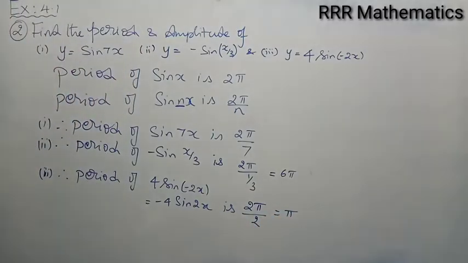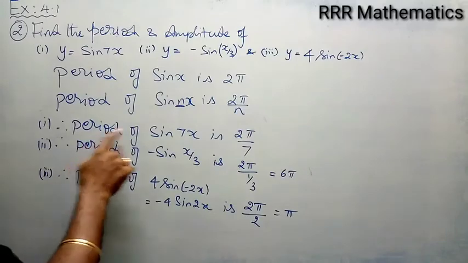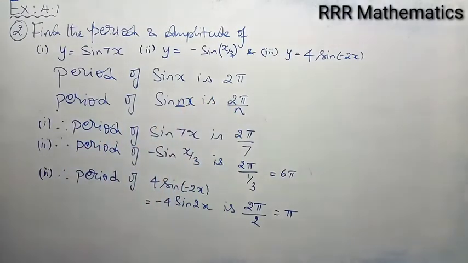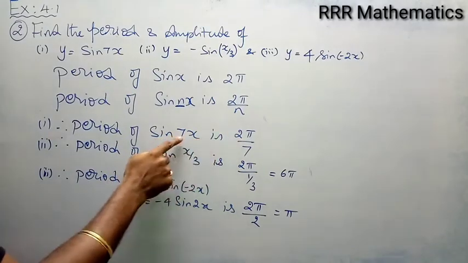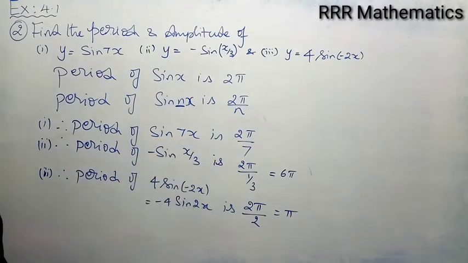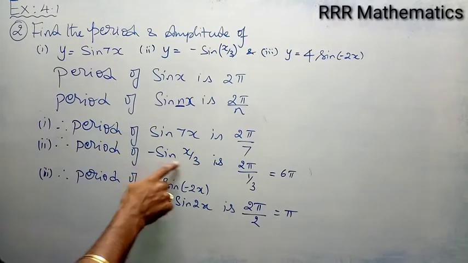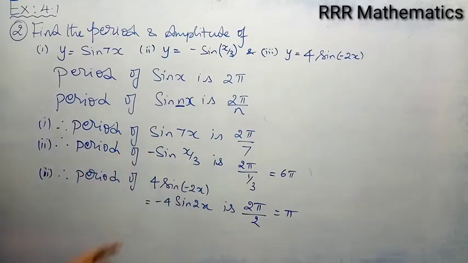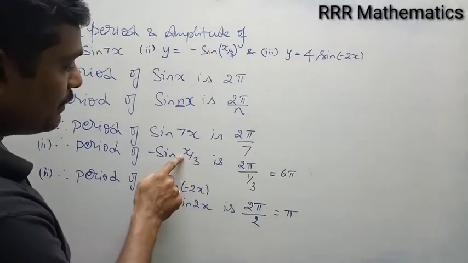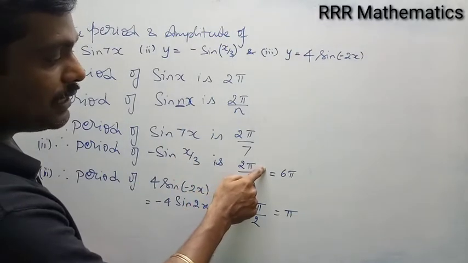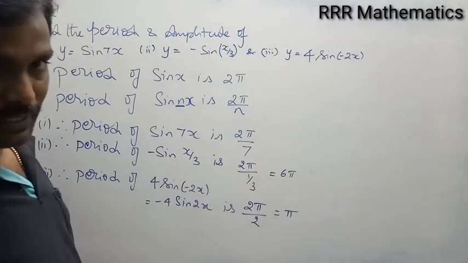So got it? In these three cases, the period of sine nx is 2 pi by n. So case 1, period of sine 7x is 2 pi divided by the x coefficient 7, 2 pi by 7. Here, minus sine x by 3, don't bother about this minus. So what is the period? 2 pi divided by this 1 by 3. It gives 3 into 2 pi, that is 6 pi in this case.